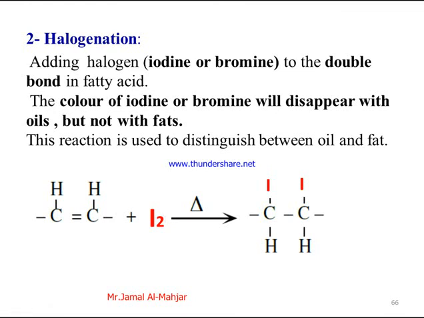When you add it to the double bond of the oil, the color will disappear, because the bond between carbon and carbon is broken and an iodine atom and another iodine atom are added. So if you have fat or oil, how can you chemically distinguish between them?